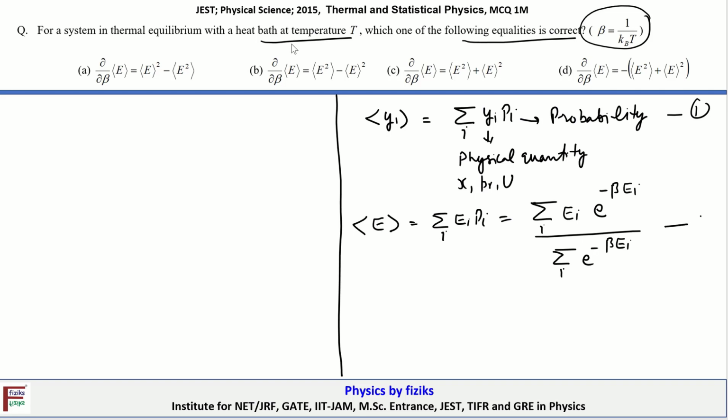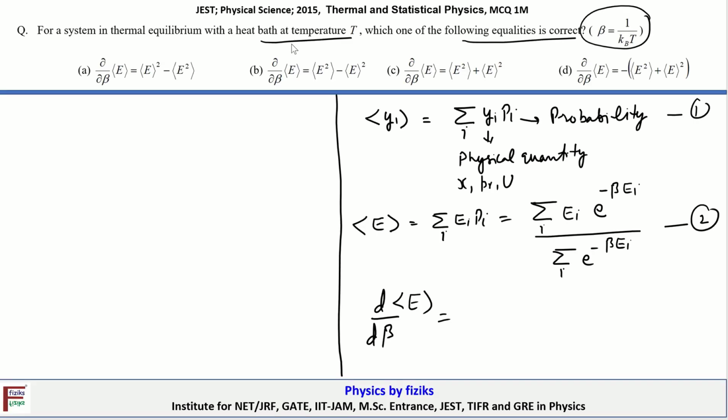Let's call this our result 2. Now we are interested in evaluating the differential of the average energy with respect to beta. So we will evaluate this quantity, d by d beta of average energy. Since this requires a little bit more space, I'm moving to the next page.